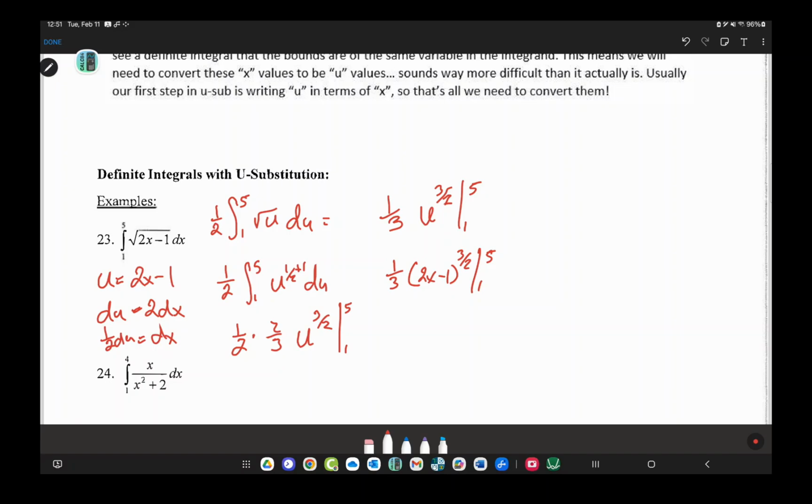If I plug in 5, I get 10 minus 1, 9. 9 to the 3/2 power is 27. 1/3 of 27 is 9. I plug in 1, I get 1, that just gives me 1/3. So I end up with 26 over 3.